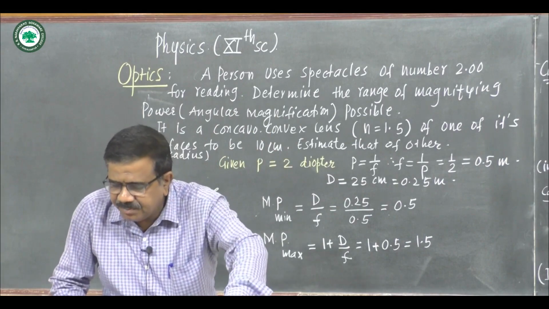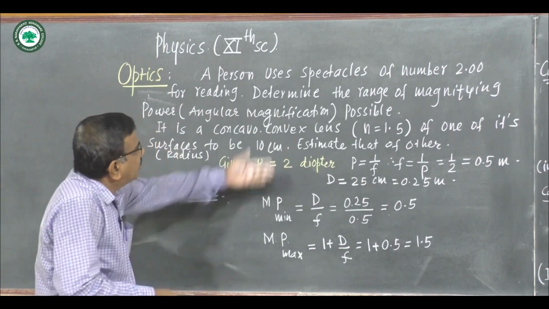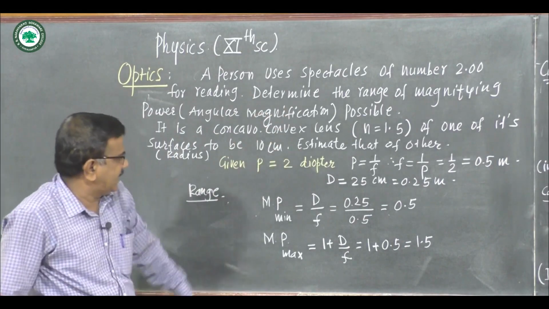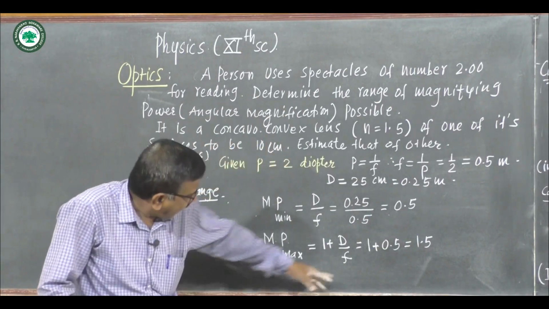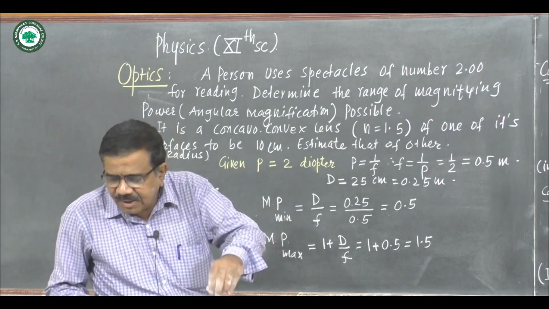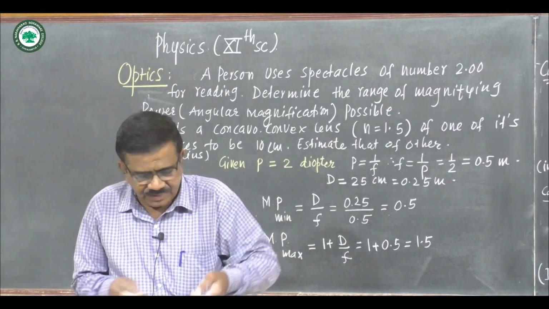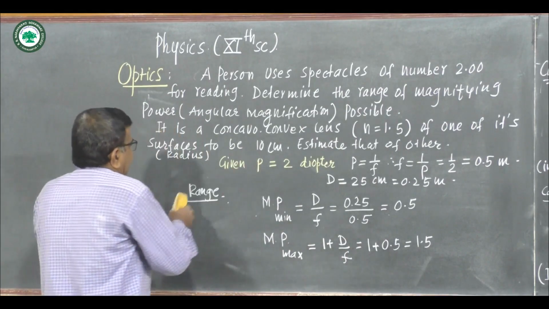So the range of magnifying power is, minimum value 0.5 and maximum value 1.5.